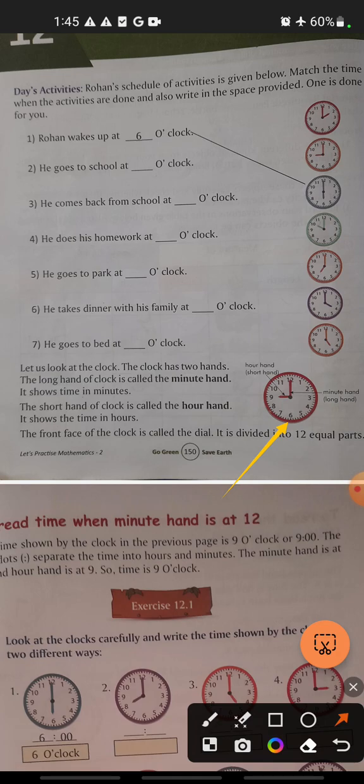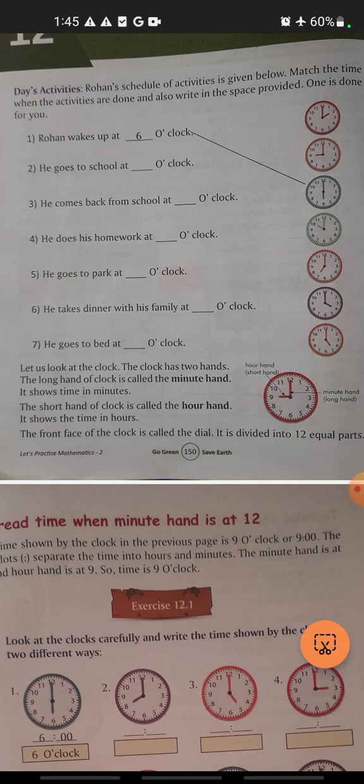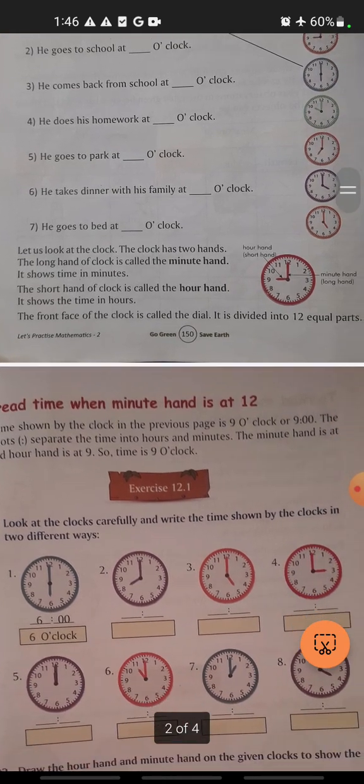And the short hand of the clock is called the hour hand. It shows the time in hours. The front face of the clock, this is the front face, is called the dial, and it is divided into 12 equal parts.